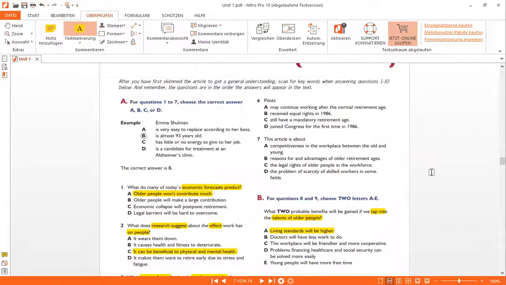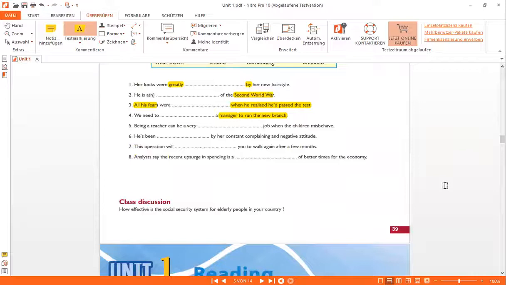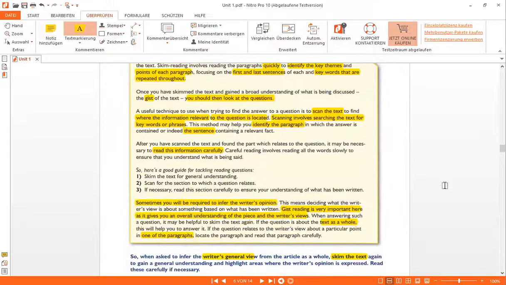And this is what I meant to start with keywords. What do many of today's economic forecasts predict? Economic forecasts, these are your strongest words. So you go to the text and then you try to find where economic forecasts are taught.